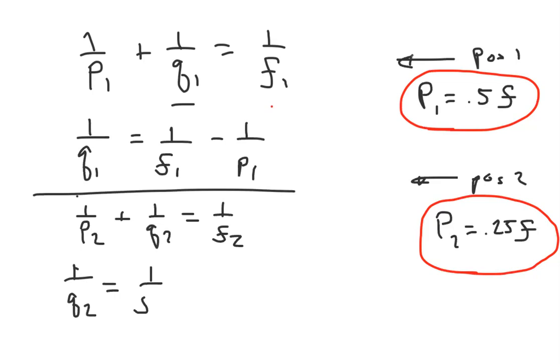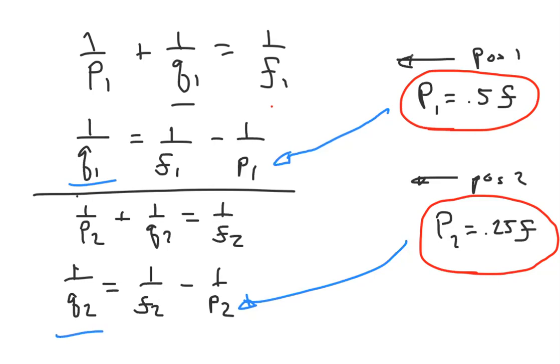Q2 would be equal to 1 over F2 minus 1 over P2. Okay. Now your givens are going to be really helpful here. It might seem like, well, I need an F in order to do this subtraction, right? So essentially it's like, oh man, I can't get Q1 this way either because I don't have F1. You might tell yourself that.